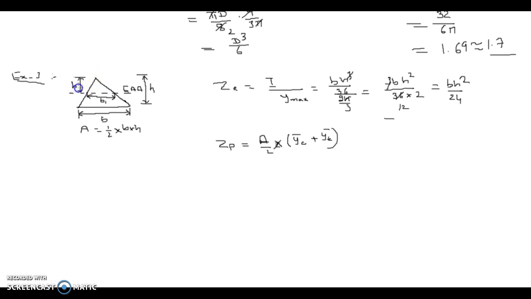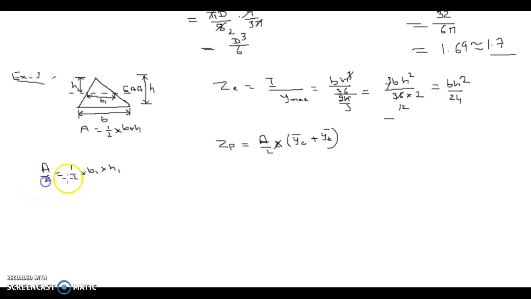So what is H1? I can write this area by 2 should be equal to, see, the area above this one should be equal to half of the total area. So area by 2 will be half into the base B1, the height is H1.